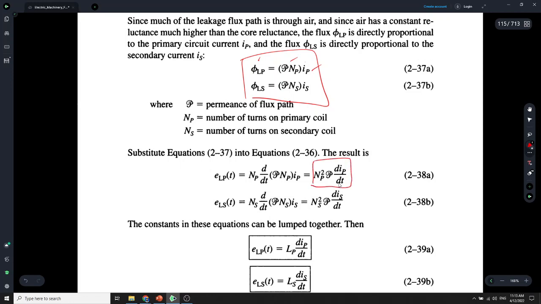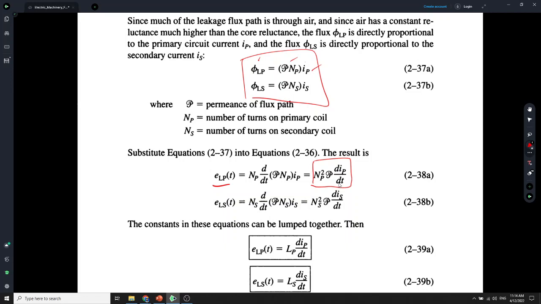You can see that the ELP, the induced leakage flux, is equal to the number of turns squared at the primary, times the permeance of the flux path, times the rate of change of the current.